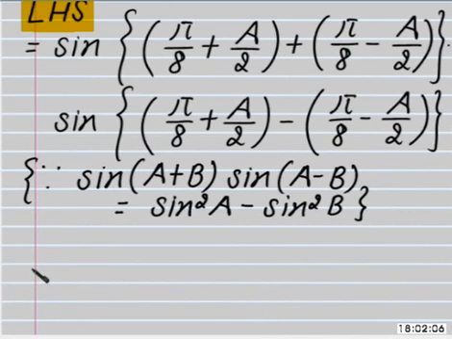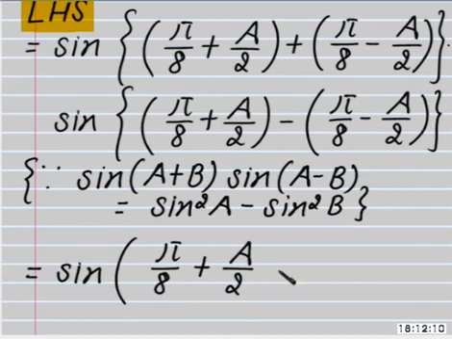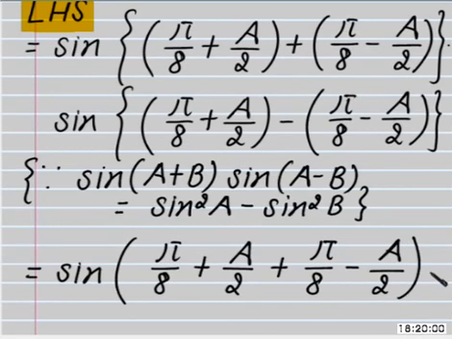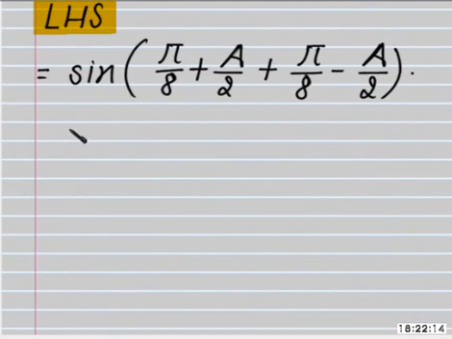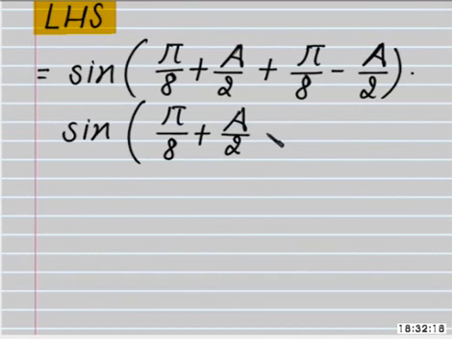So further it is equal to sin of pi by 8 plus a by 2 plus pi by 8 minus a by 2 into sin of pi by 8 plus a by 2 minus pi by 8 minus a by 2.